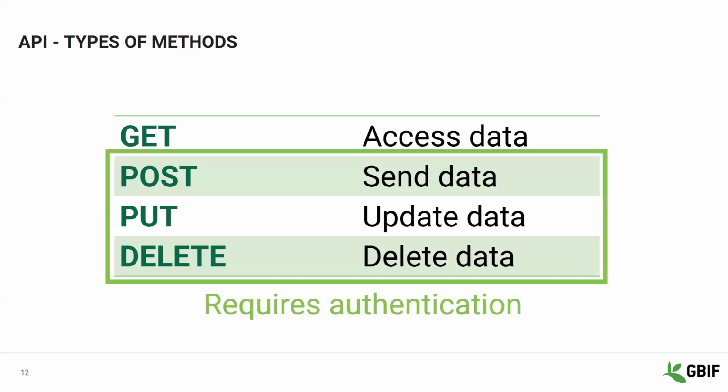Out of which post, put, and delete would require authentication. Just getting the data, anyone can access. This is how GBIF APIs are set. For different APIs it could be different, but for the GBIF API, just to get data, there is no authentication required. But to post, put, and delete, you need authentication. So that is how the APIs are structured.